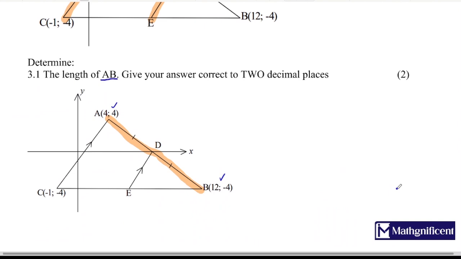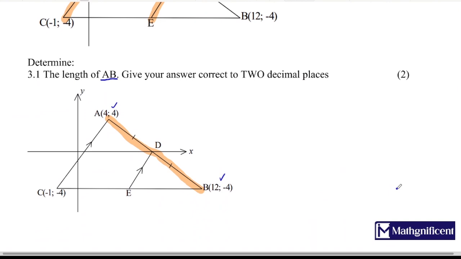Since we know the coordinates found at the ends of this line AB, we can use those coordinates to find the length. We know that there's a formula that we use when we are looking to calculate the distance or the length of a particular line segment. So we use the distance formula.